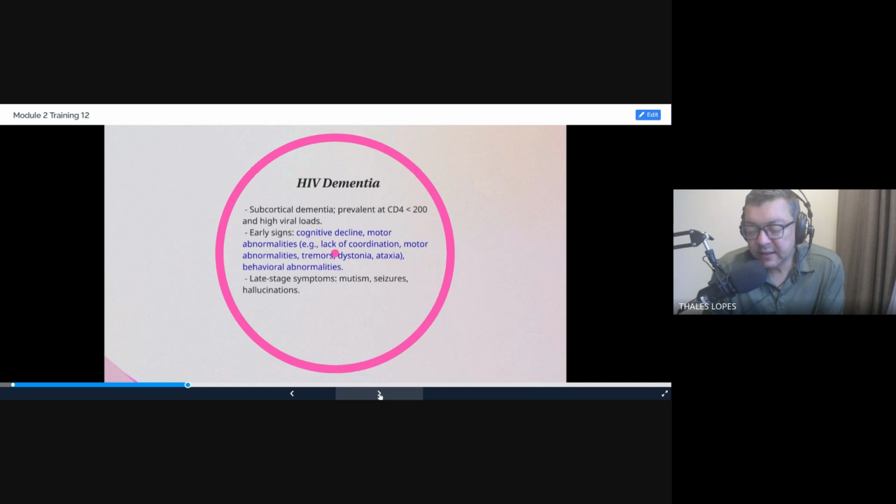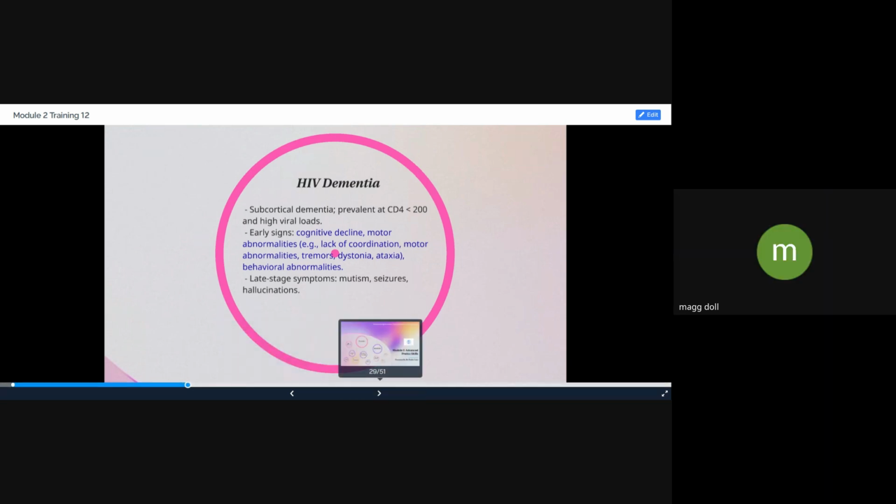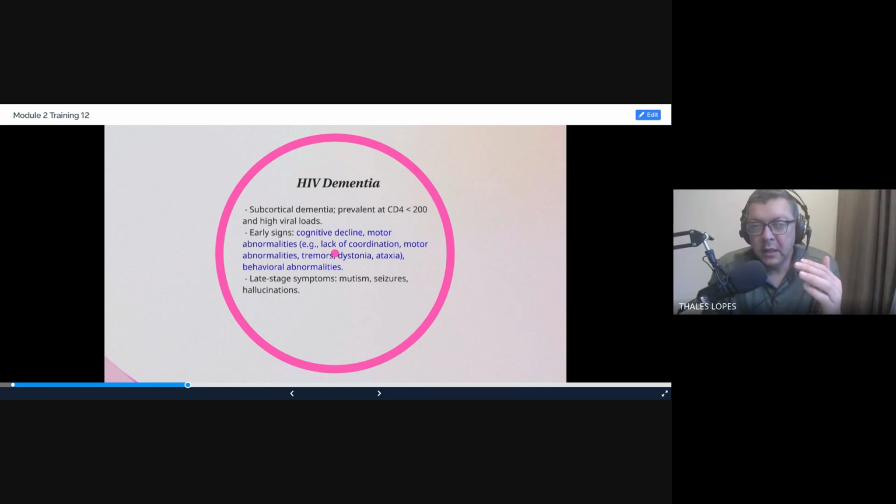What happens when the CD4 is low? Is lower than 200? What is the risk? Infection, right? It becomes very open for infection, right?